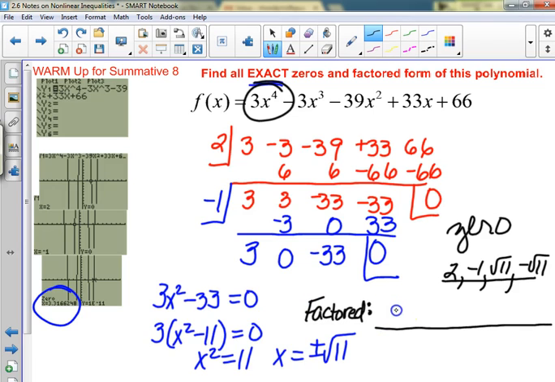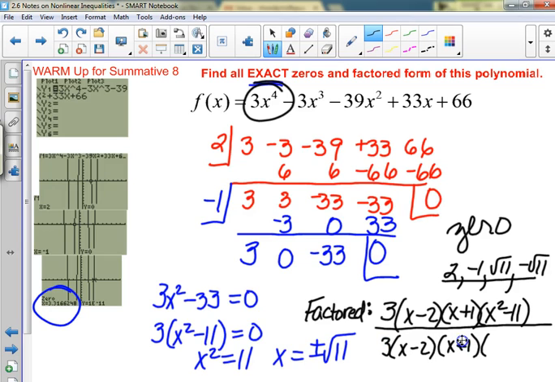Someone said 3 right away because we had to have a leading coefficient, right? X minus 2 plus 1. I don't care. You could leave it x squared minus 11 because it doesn't really factor. It says on the quiz you can leave it either as linear factors, which would be x plus or minus square root of 11, or you can leave it in irreducible quadratics, which would be x squared minus 11.